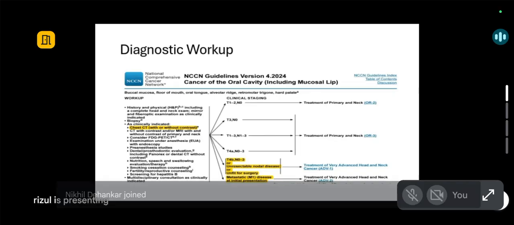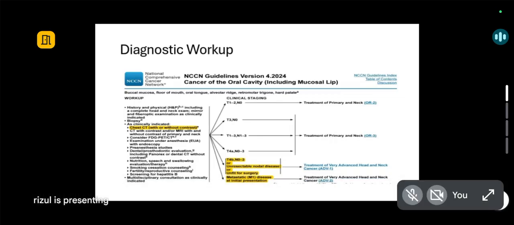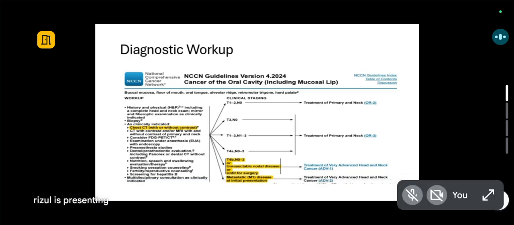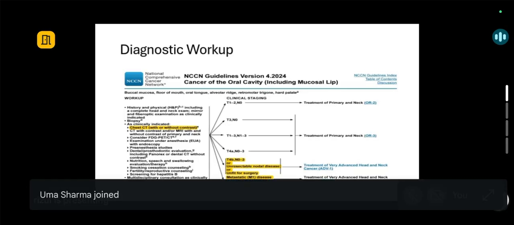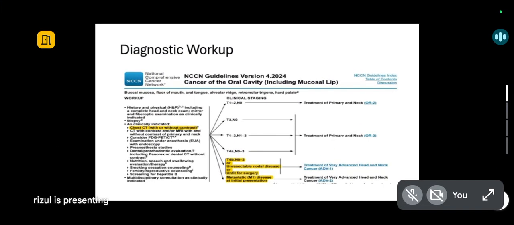So the NCCN guidelines show a diagnostic workup where we take a complete history and physical examination. We do the biopsy, and then the radiological part is important, where we do the chest CT and CT or MRI with contrast. Then PET CT is required if the disease is going towards the metastatic side or the primary is unknown.